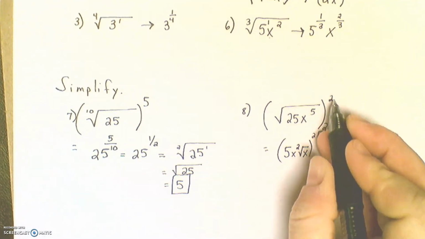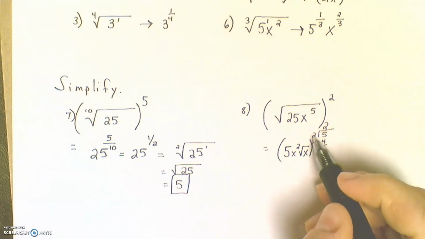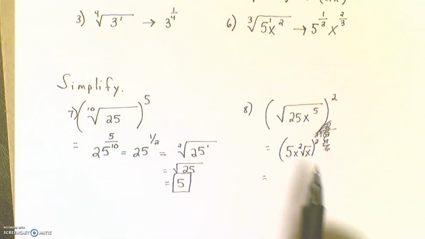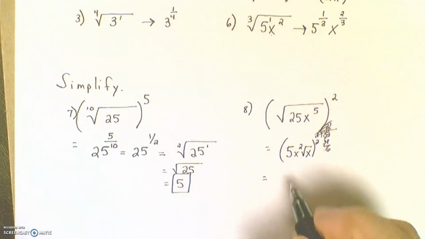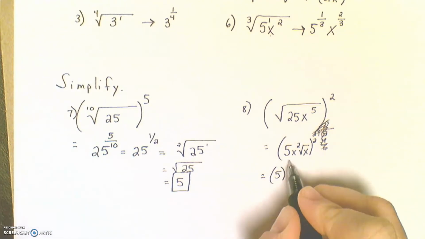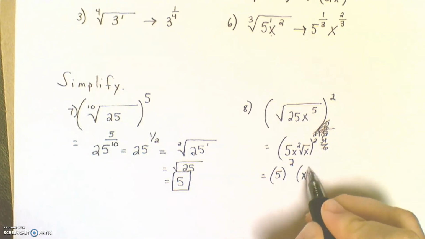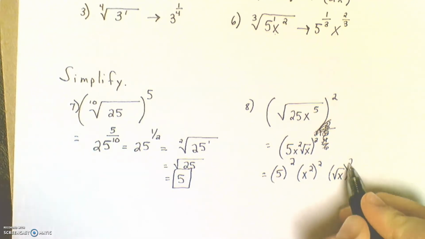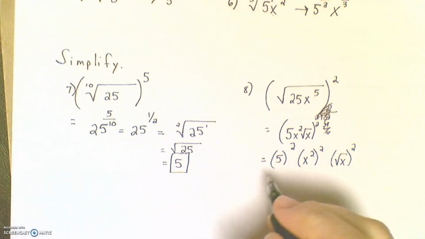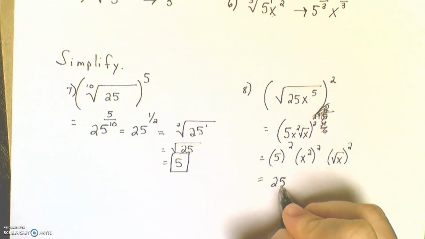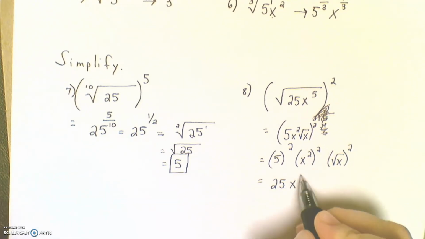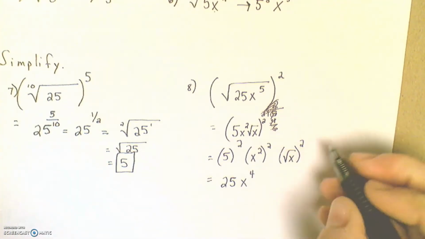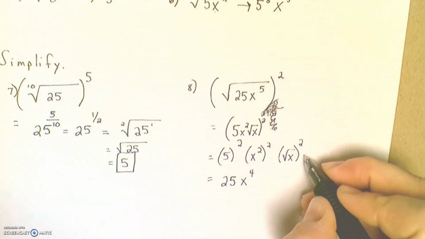We haven't done anything with the square yet. So now what I'm going to do is break everything inside the parentheses apart, raising it to the second power. So 5 gets squared, x squared gets squared, and the square root of x gets squared. So 5 squared is 25. Multiply the exponents, x to the 4th. Square root of x squared, if it helps, you can write it as a rational exponent.